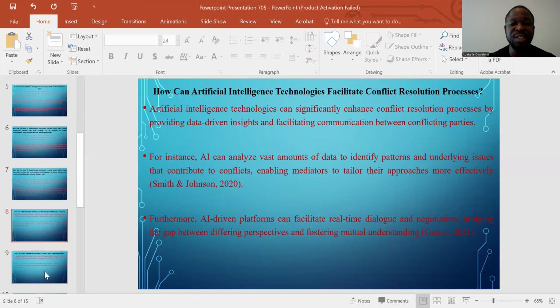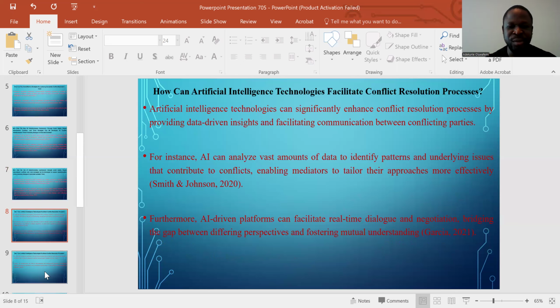How can artificial intelligence technology facilitate conflict resolution processes? AI technologies can significantly enhance conflict resolution processes by providing data-driven insights and facilitating communication between the conflict parties. For instance, AI can analyze vast amounts of data to identify patterns and underlying issues that contribute to conflict, enabling mediators to tailor their approaches more effectively.